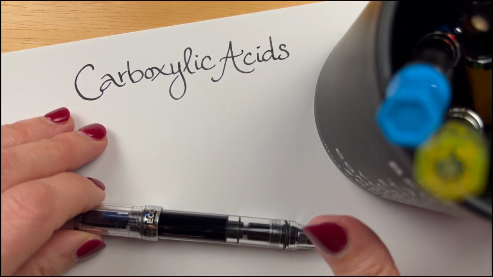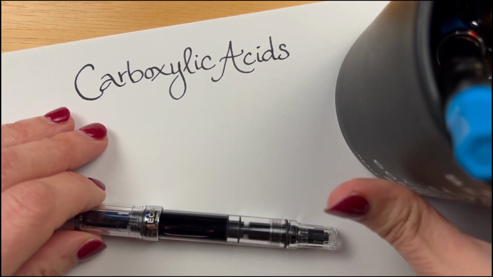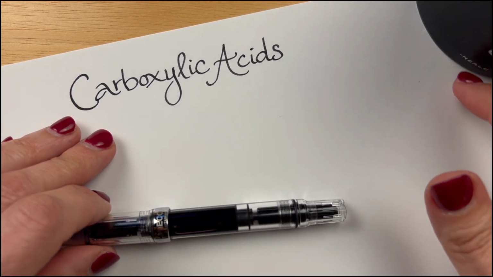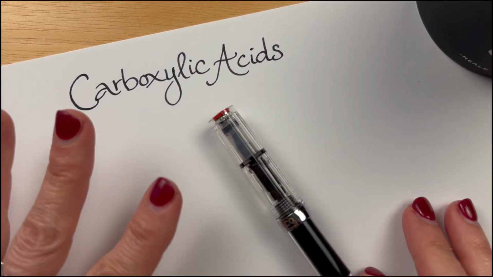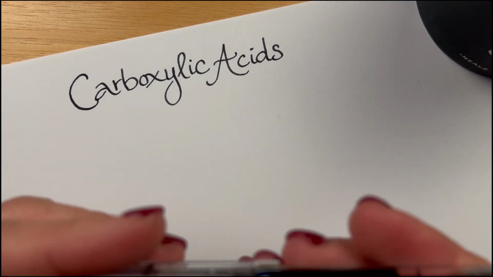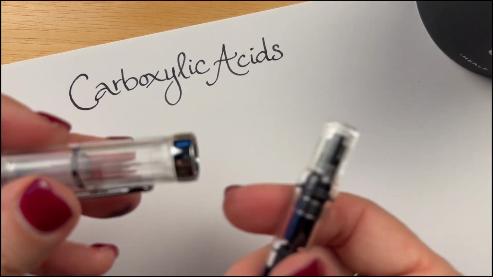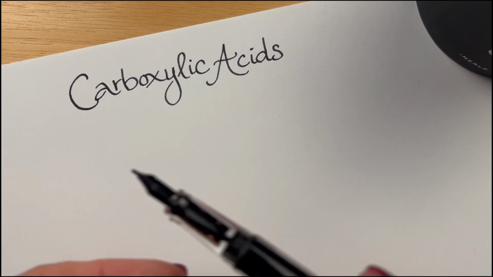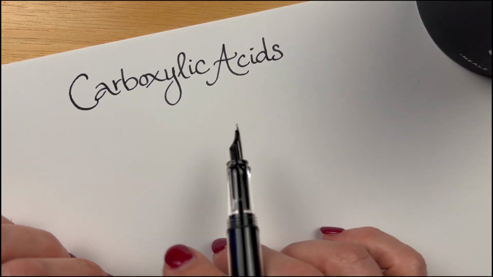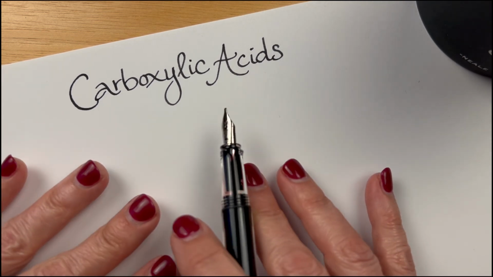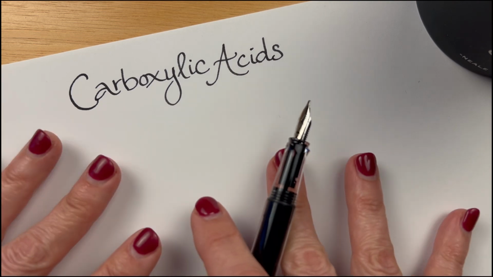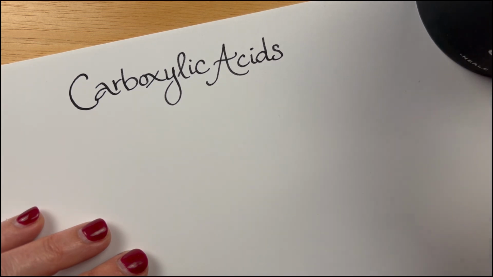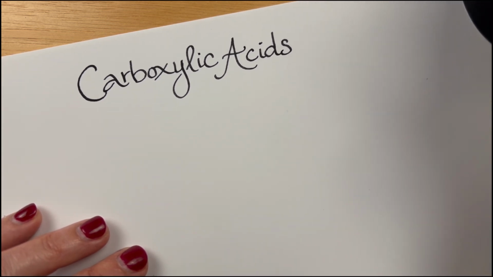So let's talk a little bit about carboxylic acids, shall we? Move my pens over a little bit, give us some room here. Alright, so carboxylic acids. As is true for any of the functional groups in organic chemistry, we can write them out generically, where we can say that there is what we call an R group.